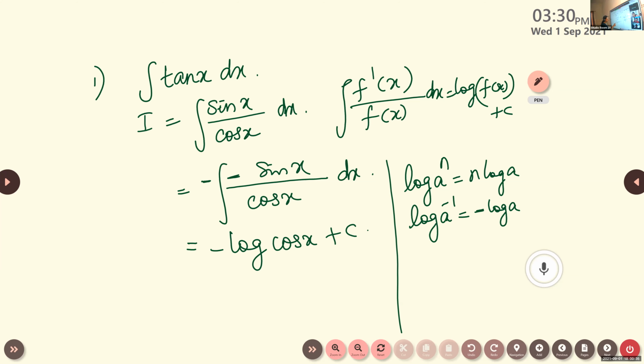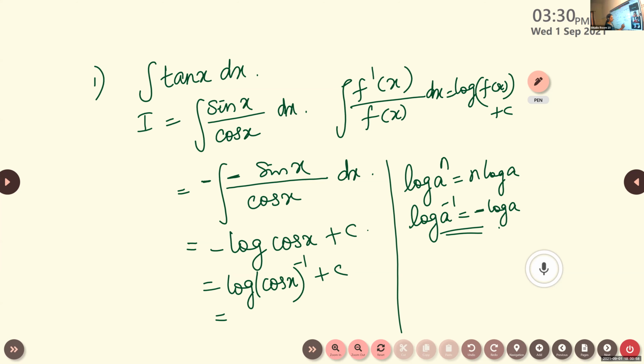Now look at here. Is it in that form? Minus log cos x. So by using this property of log, we can write this as log cos x raised to minus 1 plus c.